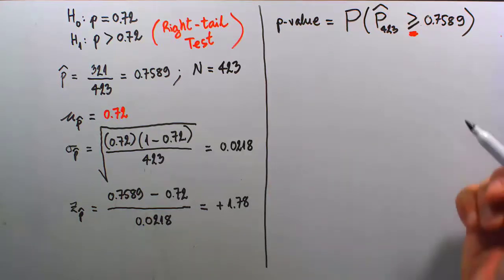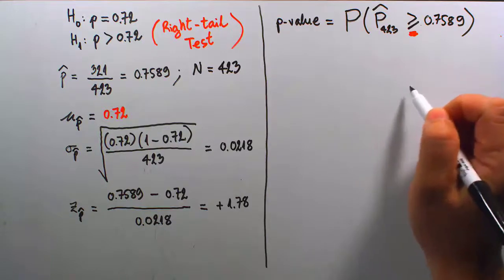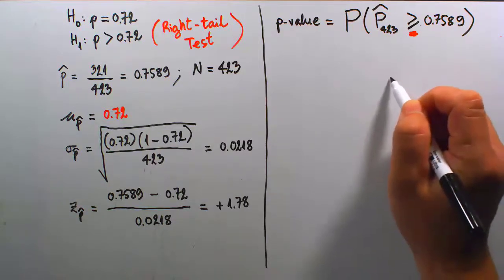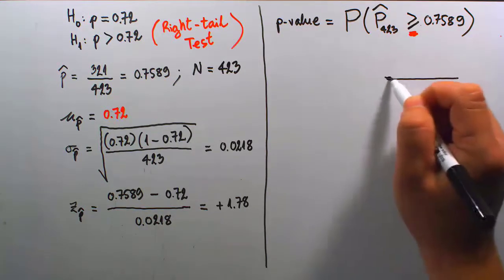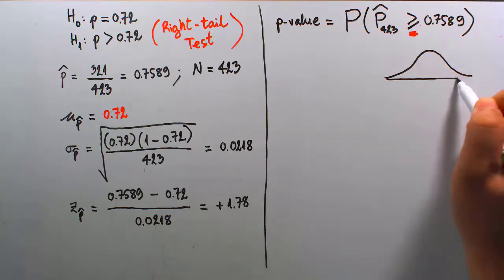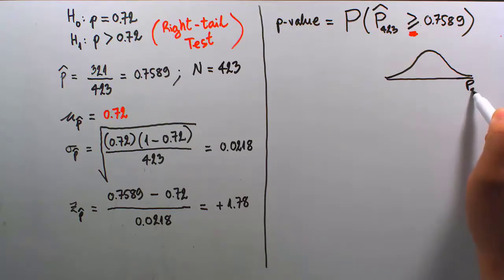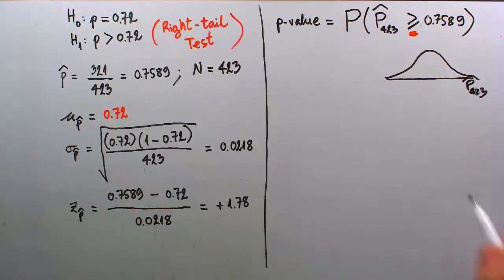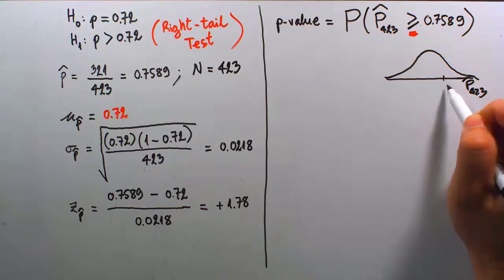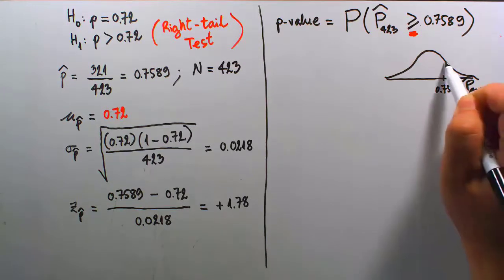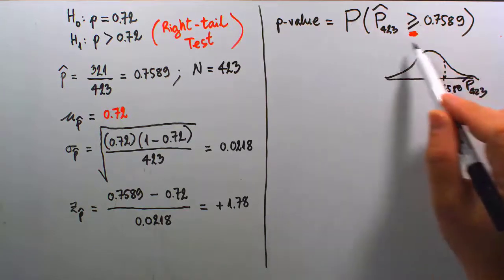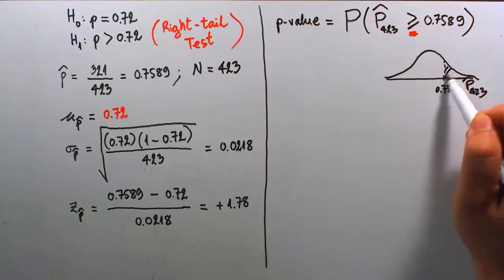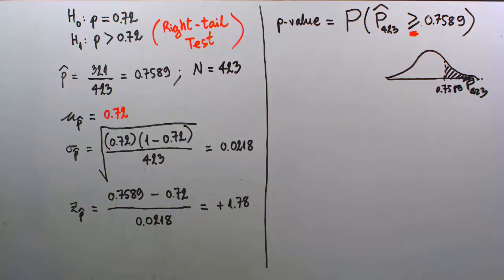And so again, we can imagine a bell curve that represents all sample proportion values, capital P hat, for 423. If 0.7589 is somewhere on it, then this probability is equivalent to the shaded area to the right-hand side.